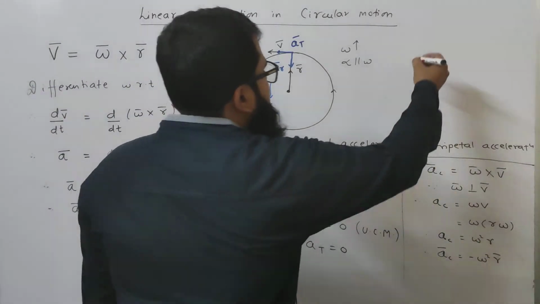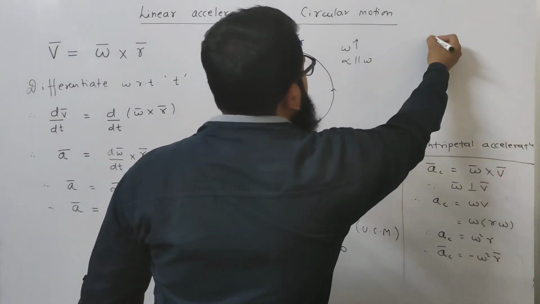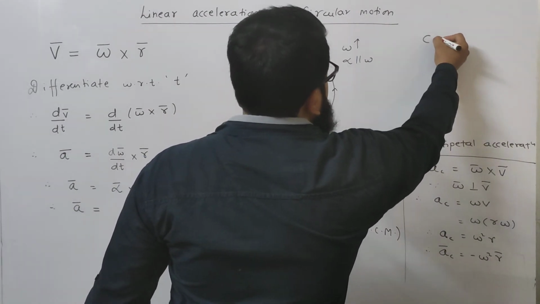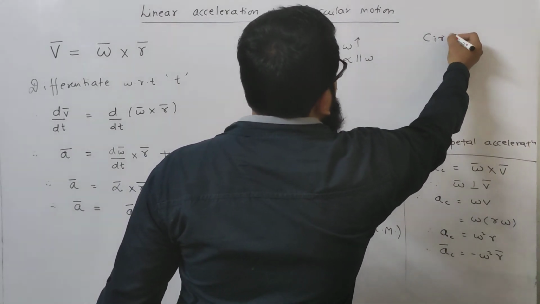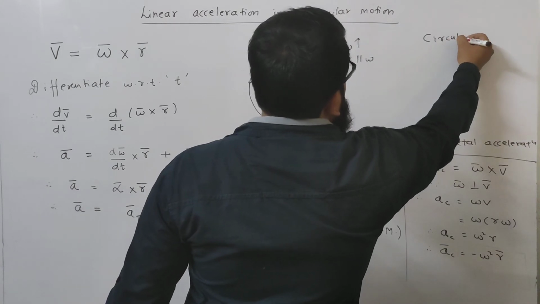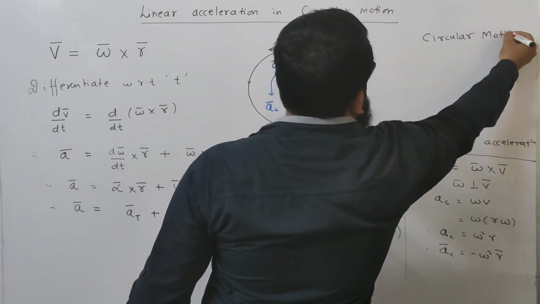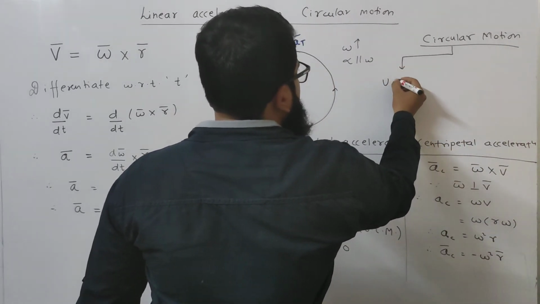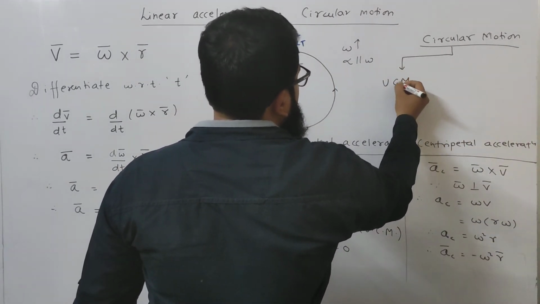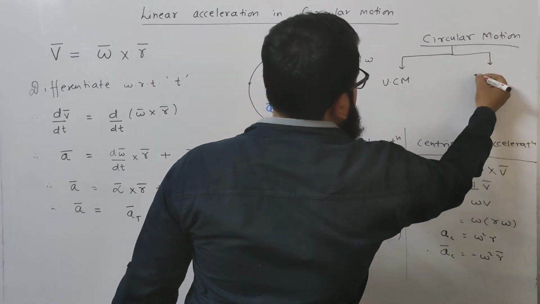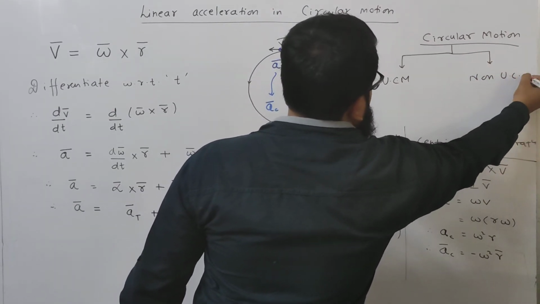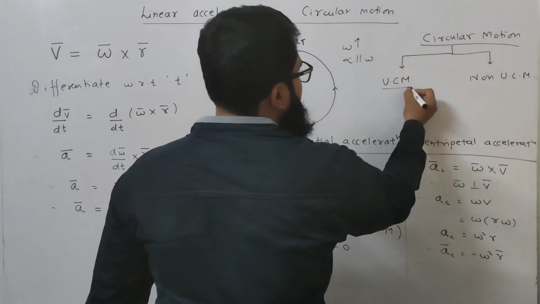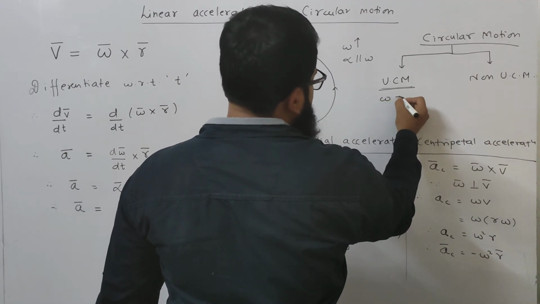So to conclude, circular motion is basically classified into two categories. One is UCM, the other is non-UCM. In UCM you have omega as constant.